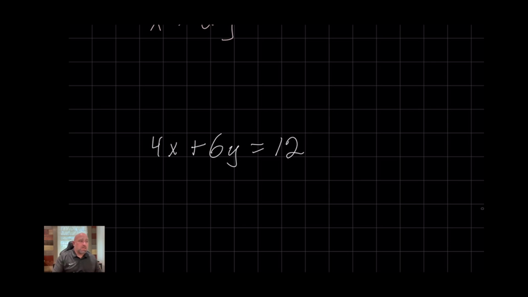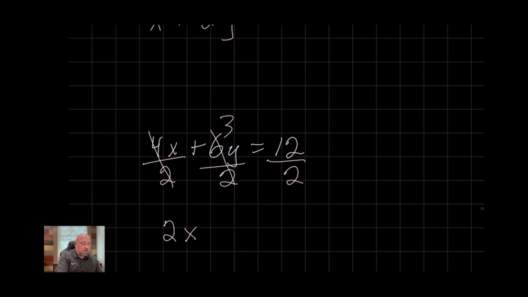If that's the case, we need to divide everything by 2. And all this is doing is simplifying this. So that's going to cancel that, and we're going to get 2x. We're going to cancel this, and we're going to get 3y, and we're going to cancel this, and we're going to get 6.